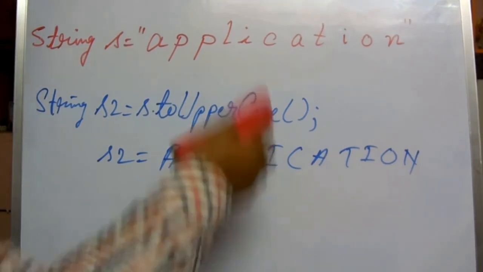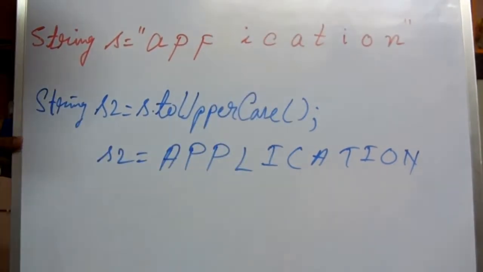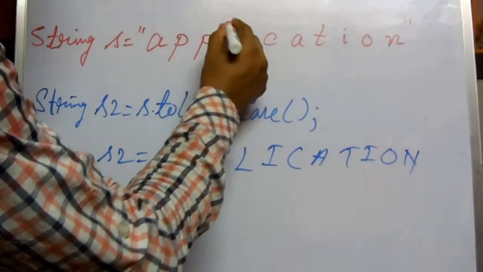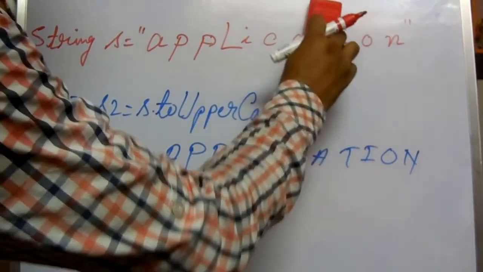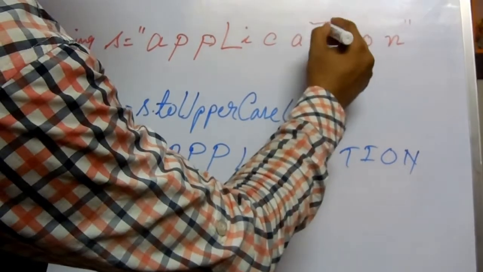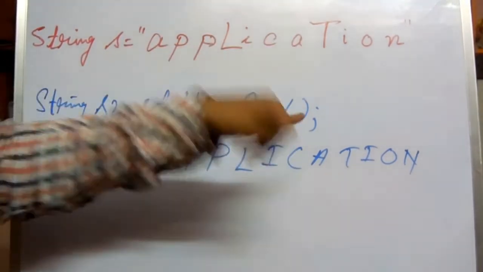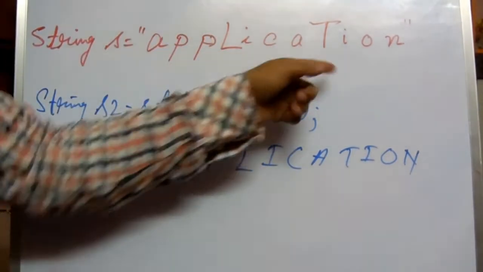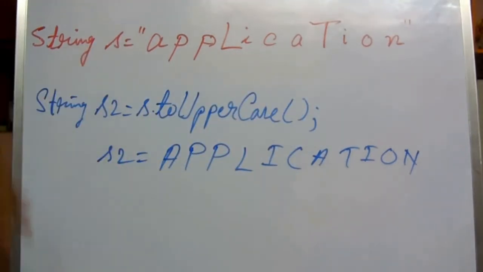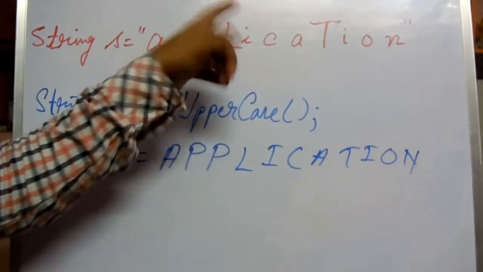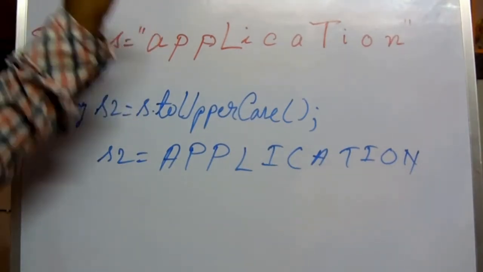And if we change a few characters, suppose this L I give in capital, and this T I give in capital. Don't think that only the small characters will be converted and the rest will not. Obviously the L and T will not change because they are already capital. Don't think that it will skip any character that is in small letter.